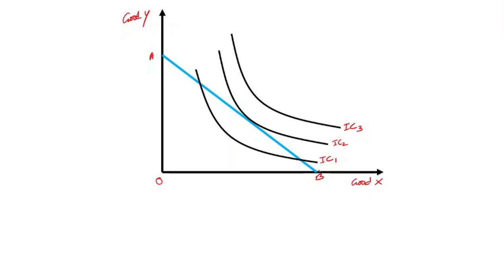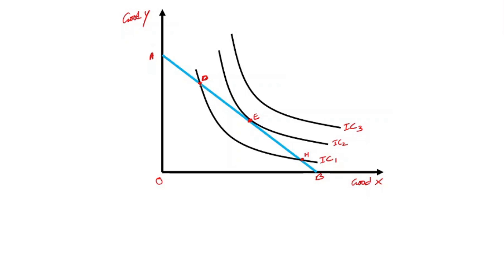As you can see, there is only one point, point E, where the indifference curve and the budget line intersect at the point of tangency. Otherwise, let's take this point as D and this as H. These two points cannot be taken as tangency because here the budget line is crossing the indifference curve in more than one point.